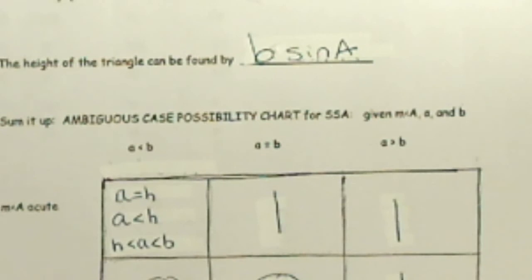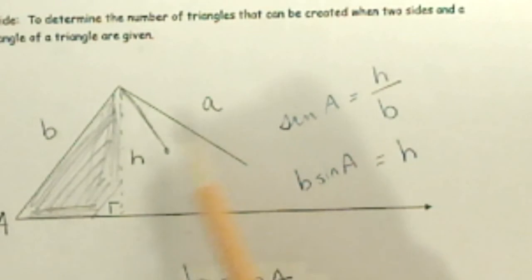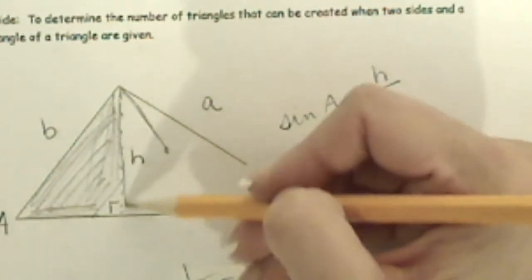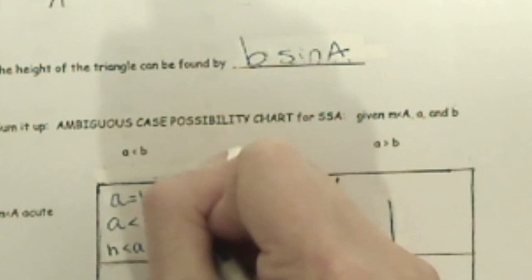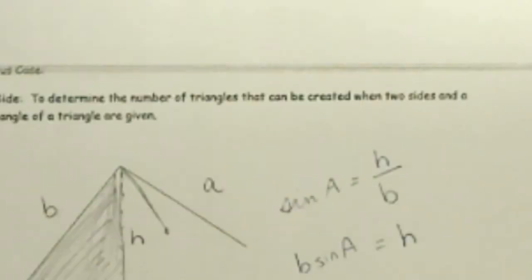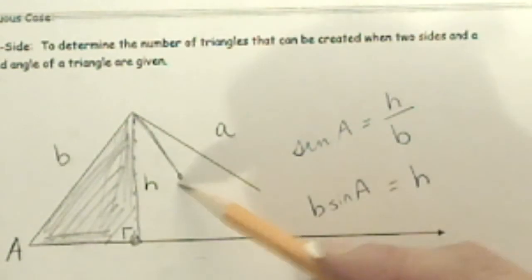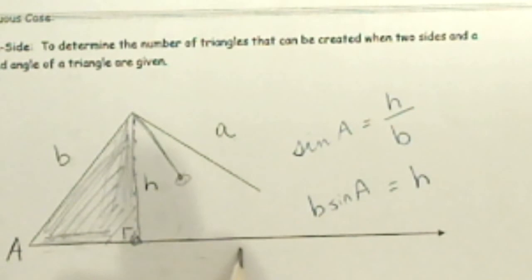Let's look at those three possibilities one more time. So if A is equal to H, then this will be what A is, and we will have one unique right triangle because A will be the height. So if A is equal to H, we will have one triangle. If A is less than H, say something like this distance, it's too short to ever touch the bottom ray of angle A, and we will have no triangles.